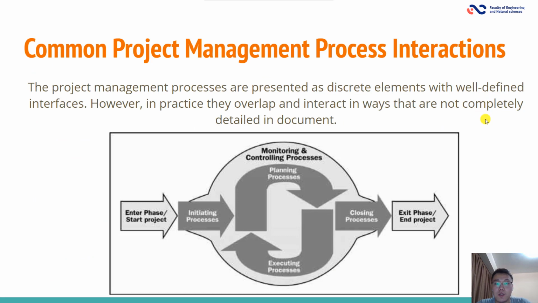Common project management process interactions. The project management processes are represented as discrete elements with well-defined interfaces. However, in practice they overlap and interact in ways that are not completely detailed in documents.